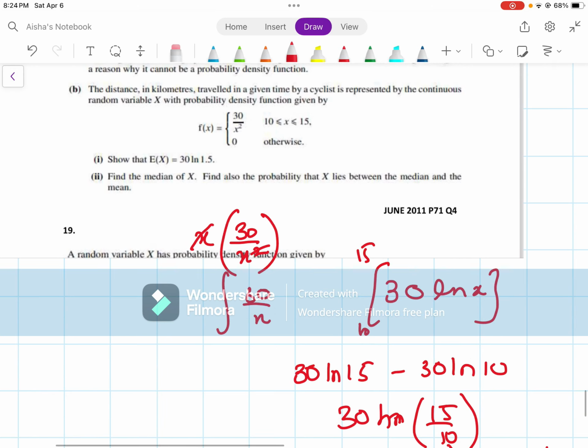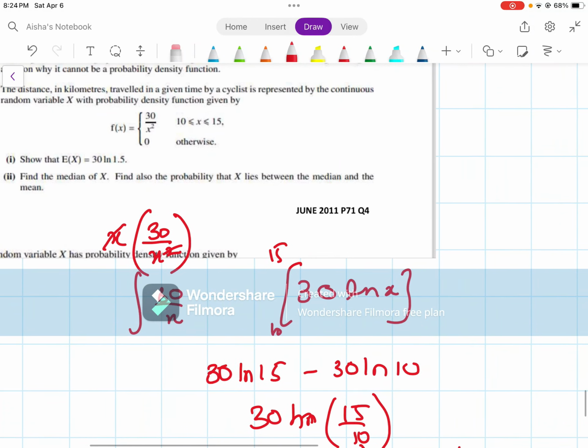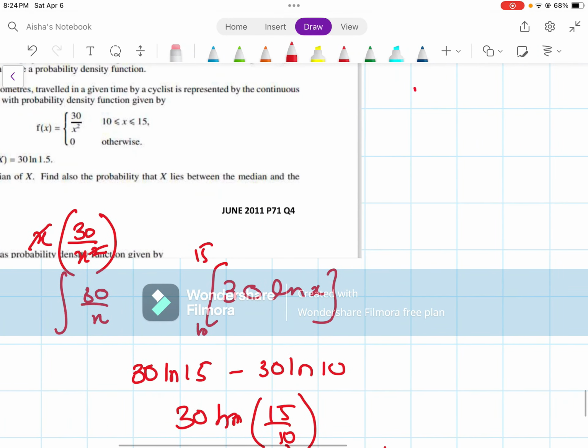Find the median of x. Find also the probability that x lies between the median and the mean. For median, what you do is you integrate it with the limits.